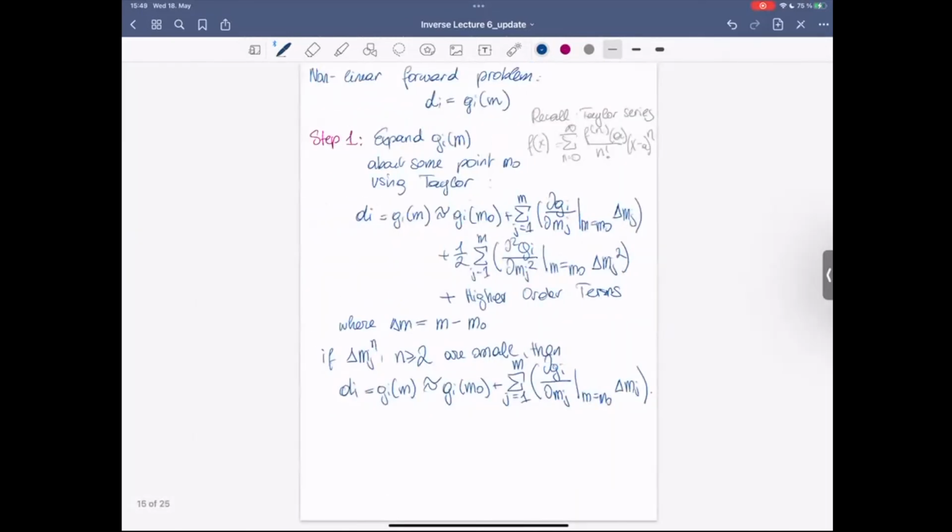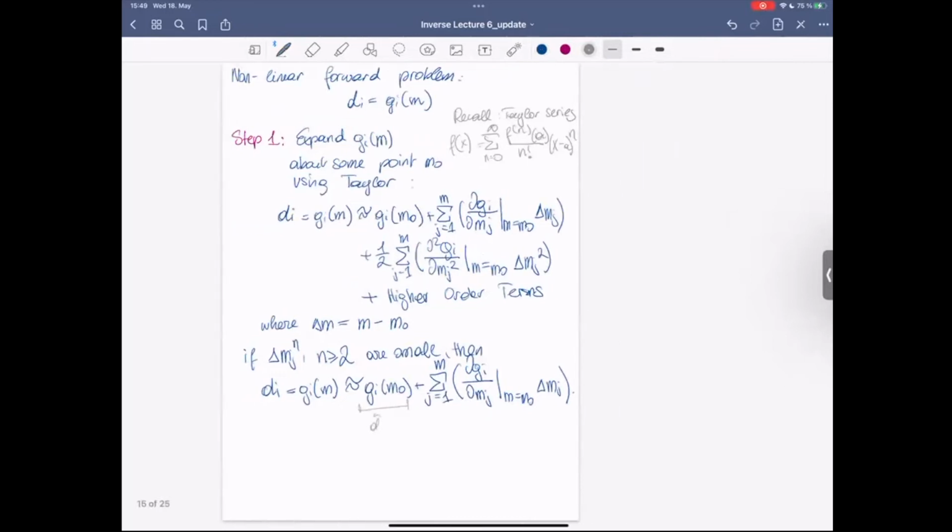So we take this here. This is our d hat.